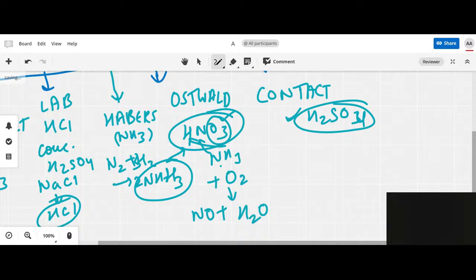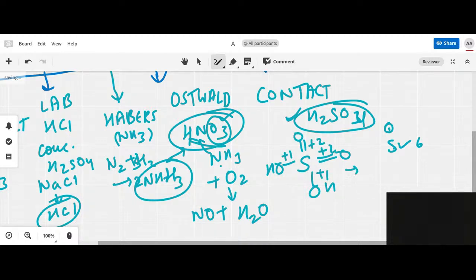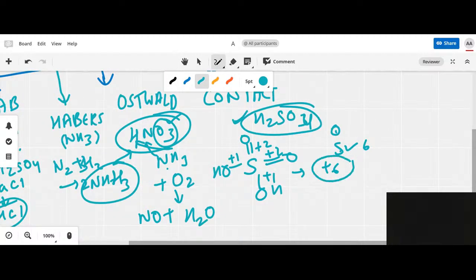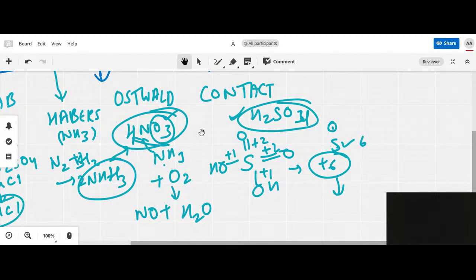Just look at the structure: you have oxygen, sulfur. Sulfur can show six valencies. Sulfur is in the plus 6 oxidation state, so it can go to lower oxidation states. That means it can react with almost everything. That is why it is known as the king of chemicals.